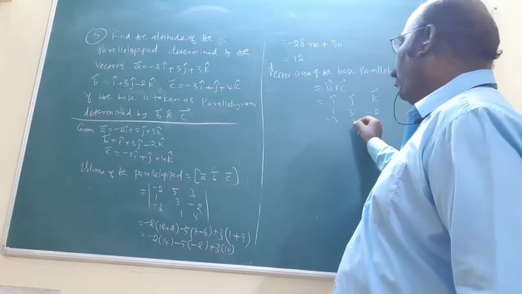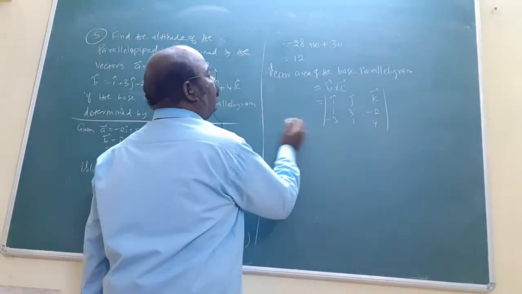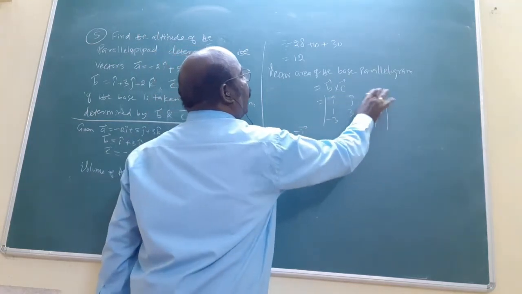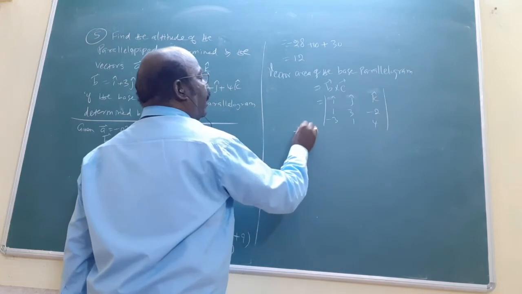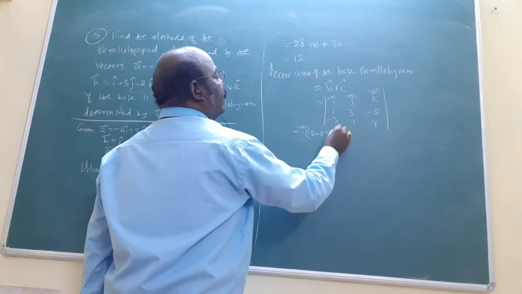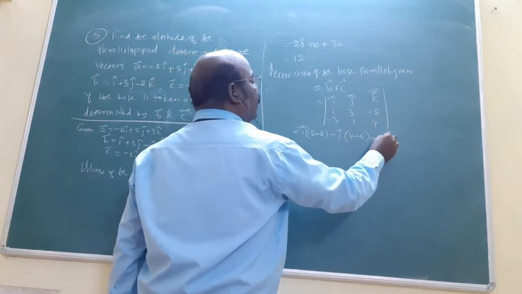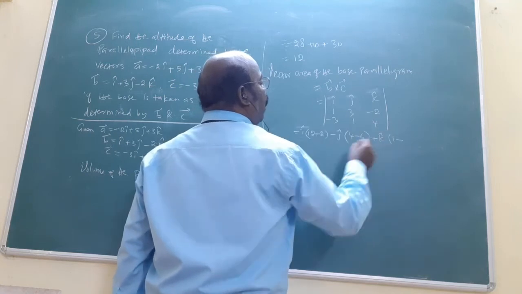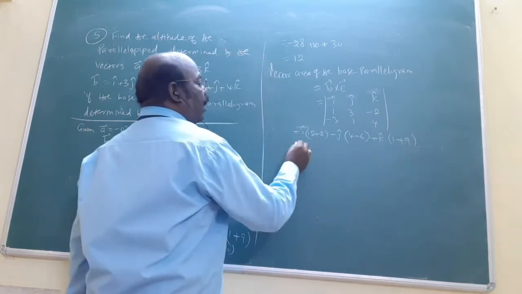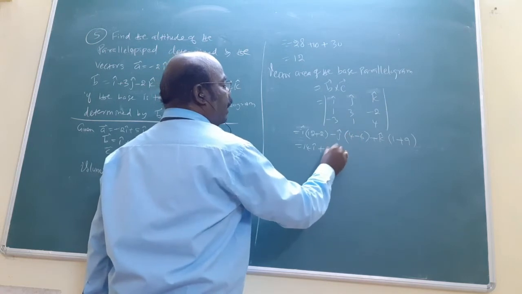Now expansion: i cap into 12 plus 2, minus j cap into 4 minus 6, plus k cap into 1 minus 3 into 3, minus 9 plus 9. Now add: 14 i cap minus 2, no, plus 2 j cap plus 10 k cap.